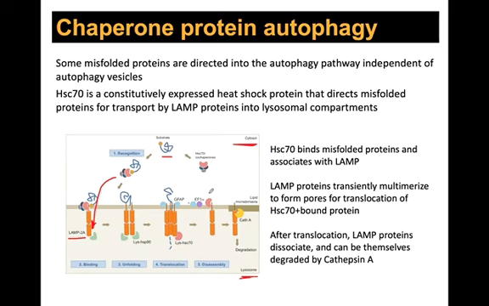I don't care that you know all the detail. It's just basically you have a chaperone protein, which these are called the heat shock proteins. And this will bind to misfolded proteins or proteins that have been labeled with ubiquitin, take them to the LAMP proteins, and put them into the lysosome, the inside of the lysosome.